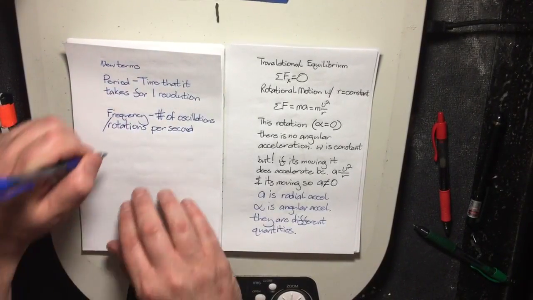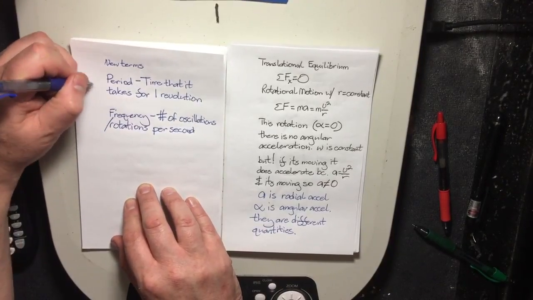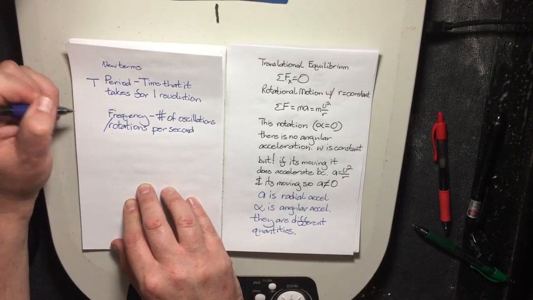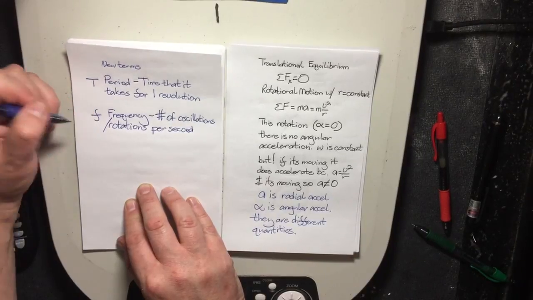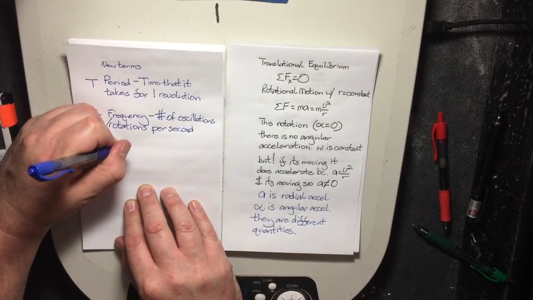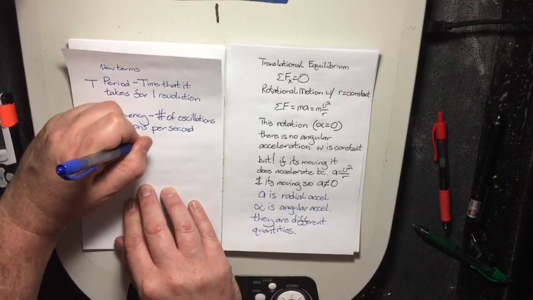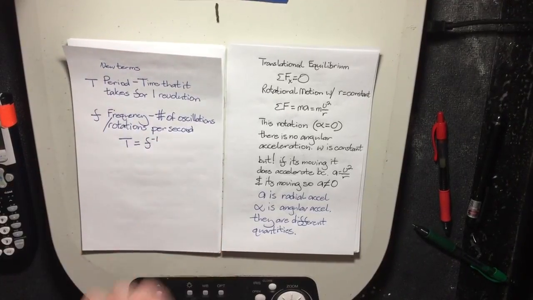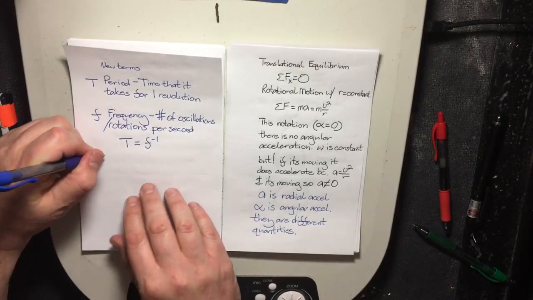So if period is known as capital T, frequency is lowercase f, the relationship between the two is that period is the inverse of frequency.